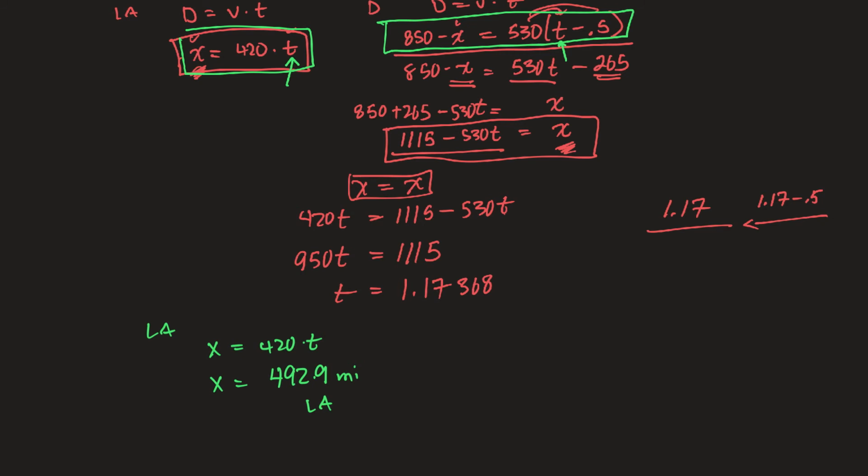And so if I go 850 minus that 492.9, that should give me how far they are away from Denver. So it comes out to 357.05. That would be how many miles they are away from Denver.